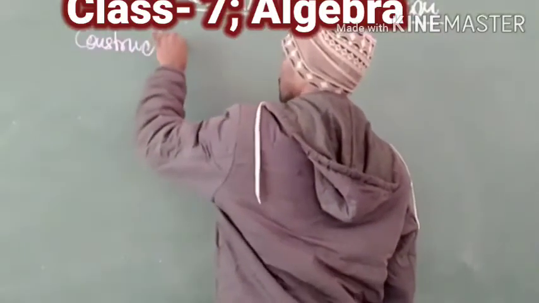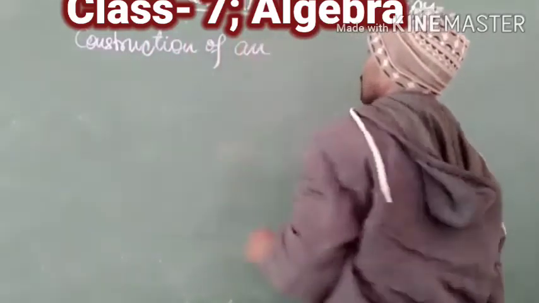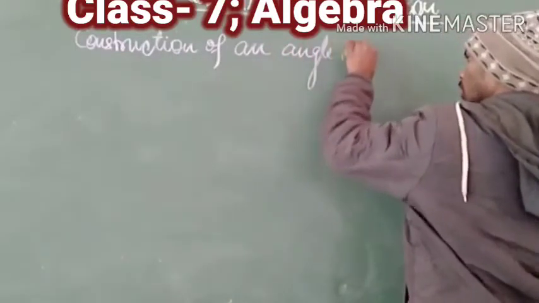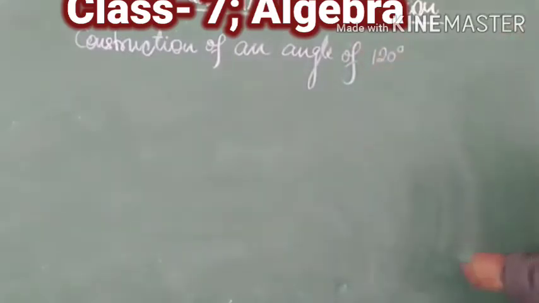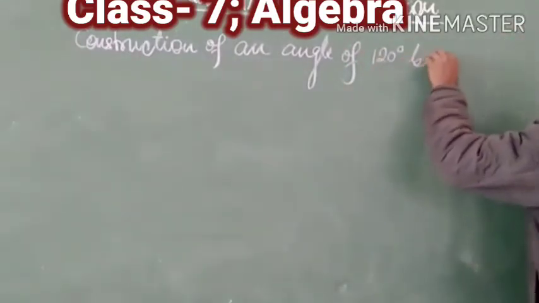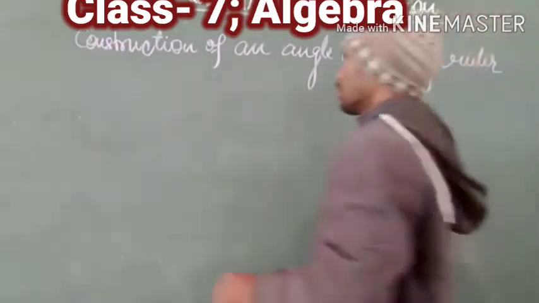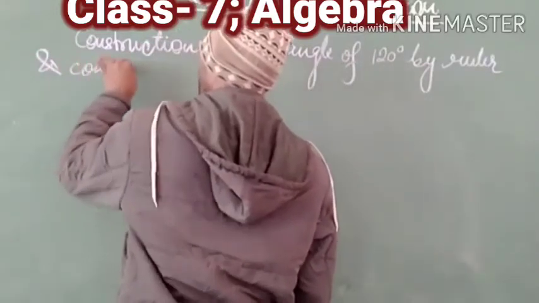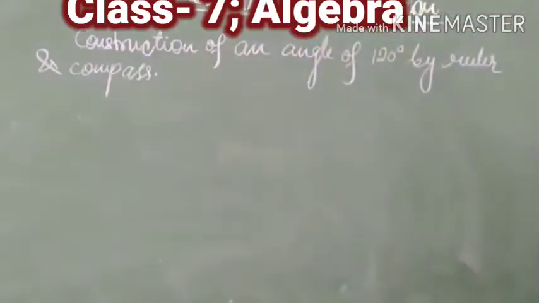Construction of an angle of 120 degrees by ruler and compass.